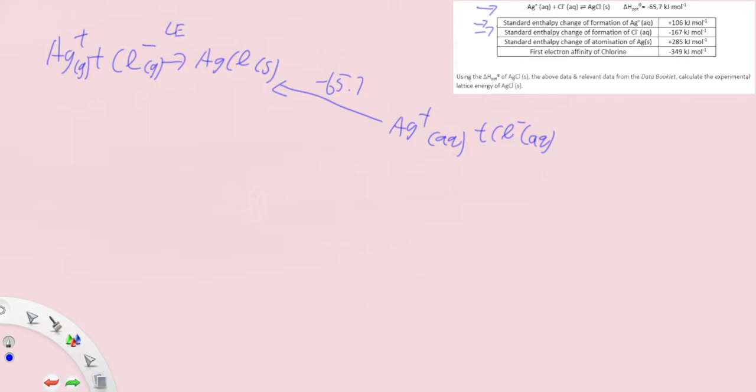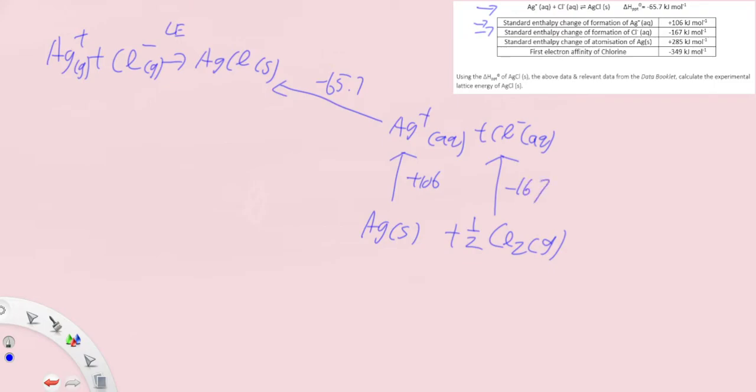We just use the enthalpy change of formation of silver chloride, so solid silver, and chlorine's standard state is chlorine gas, so you have Cl2. Now we need to add a half because you only want 1 chloride ion. So this would be plus 106, this would be minus 167.